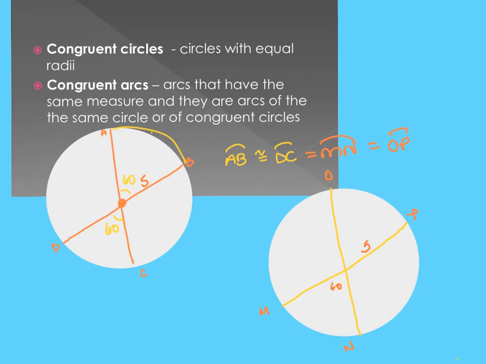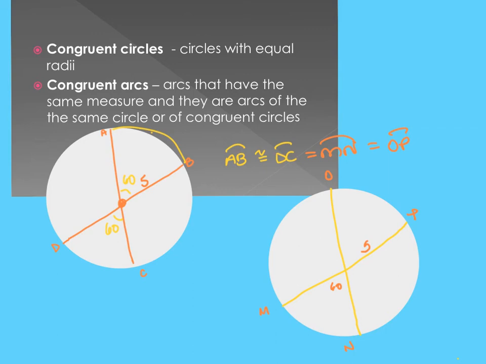So the circles have to be equal, and then if the angles are also equal, then the arcs are equal. So you can compare two arcs in the same circle or in congruent circles. Without those 5s, if one had a radius of 5 and one had a radius of 6, even if the arcs are both 60, they are not congruent because the circle itself is not congruent.